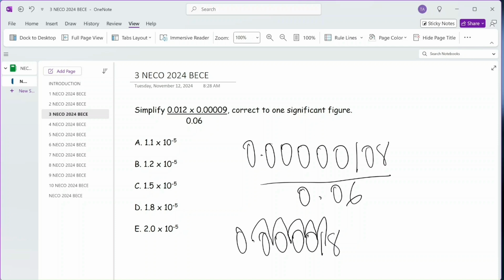We move 5 steps to get the decimal from in between these zeros to the back of the first real digit, which is 1. So we have it as 1.8 times 10 raised to power minus 5. Since we're moving from the left to the right, it's going to carry a negative. Our answer is therefore D.